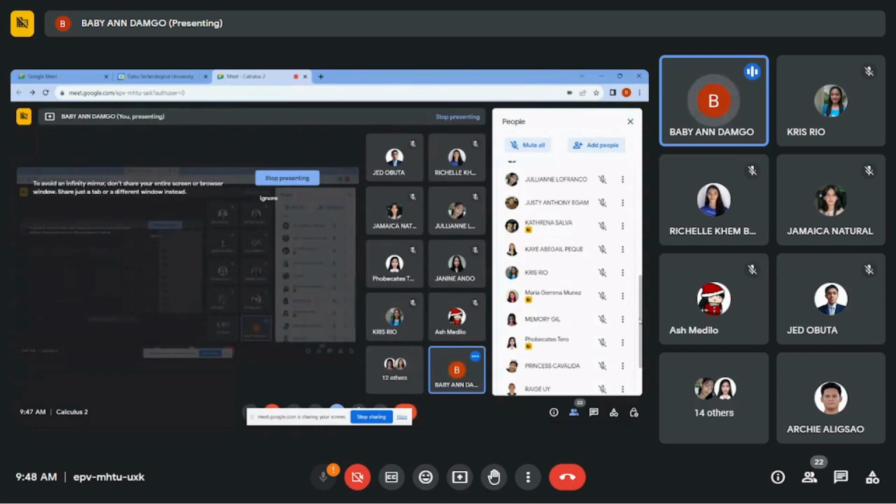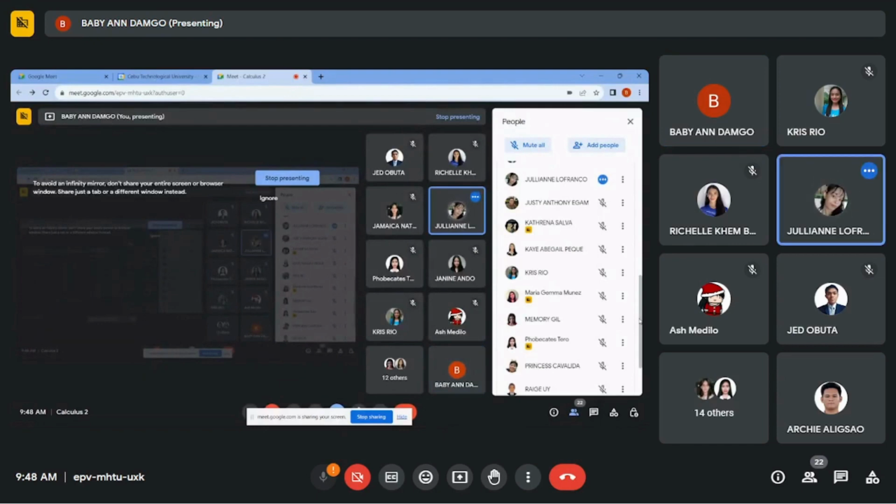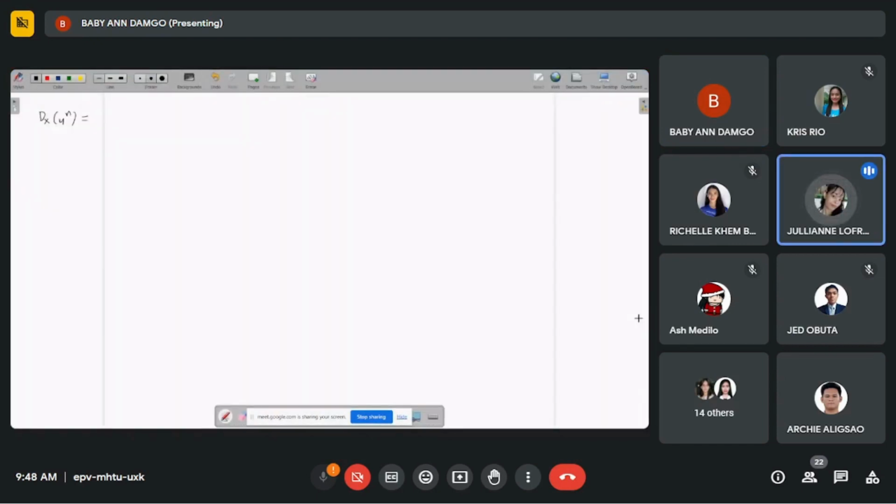Julian? d over dx equals nx to the power of n minus 1. That is no longer the dx, you do not read it as dx. It is the derivative of u to the n. Okay?